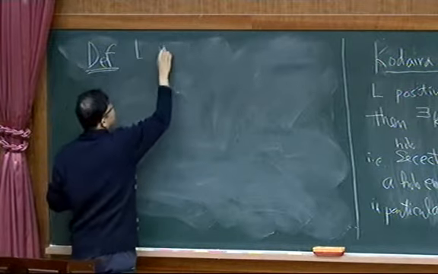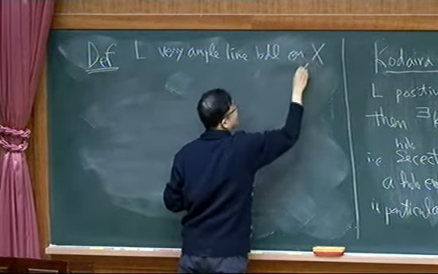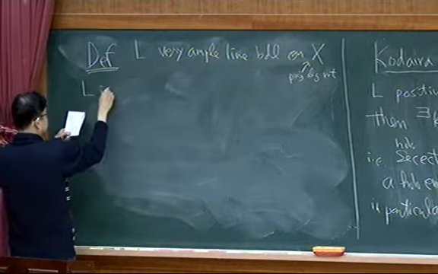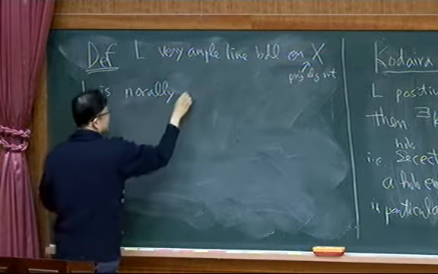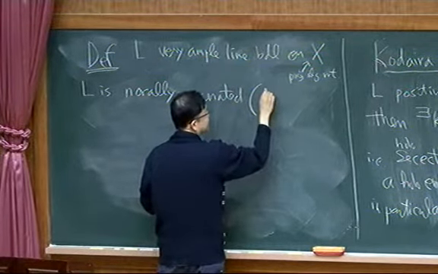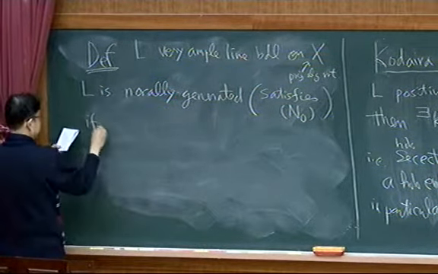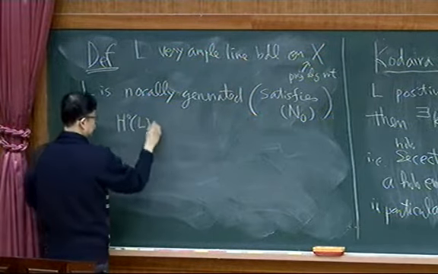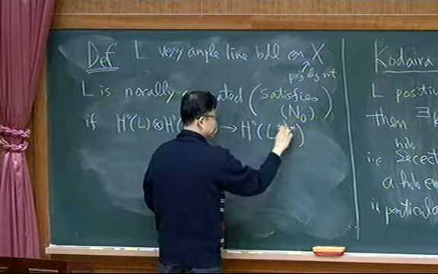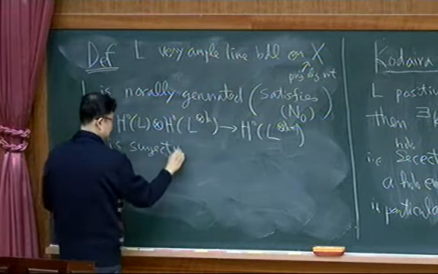So when L is very ample on some projective algebraic variety, we say that L is normally generated, or sometimes this is equivalent to saying that it satisfies N0, if this natural multiplication map is surjective for all k.